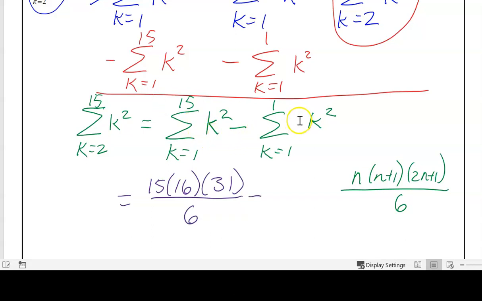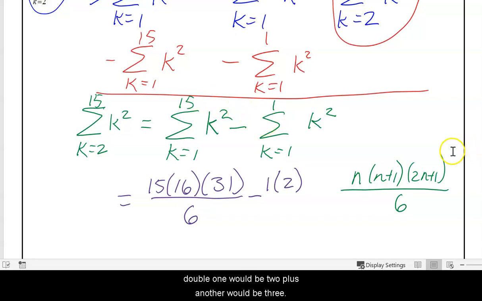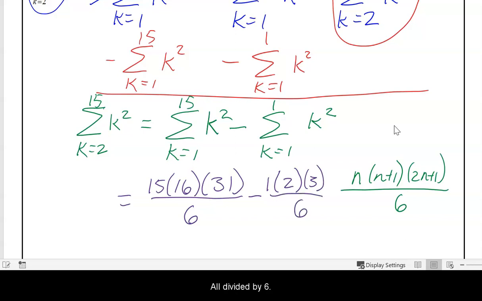Subtract from that. The upper limit of summation is 1. 1 plus 1 is 2. Double 1 would be 2, plus another would be 3, all divided by 6.